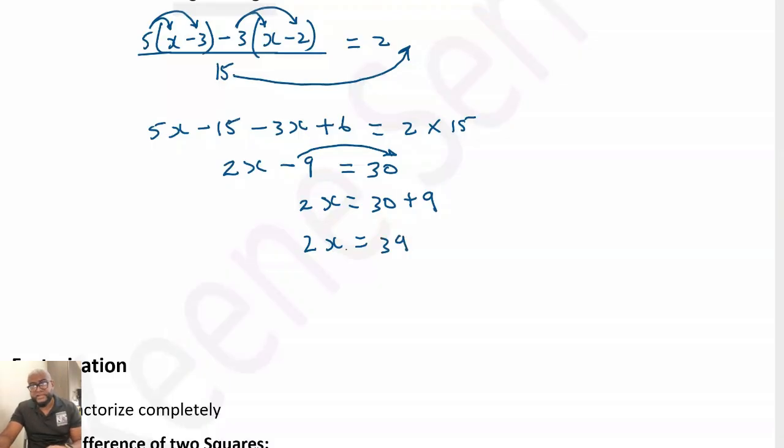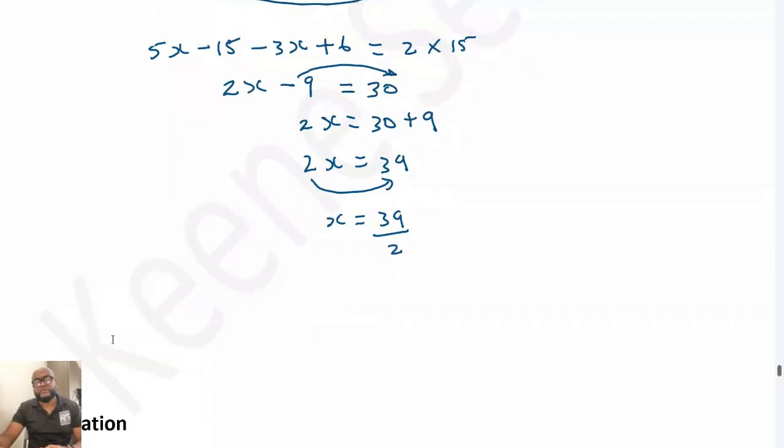So this will be 39. So x will be equal to 39 divided by 2, sorry. And that will give me what? 19.5. And that is the end.